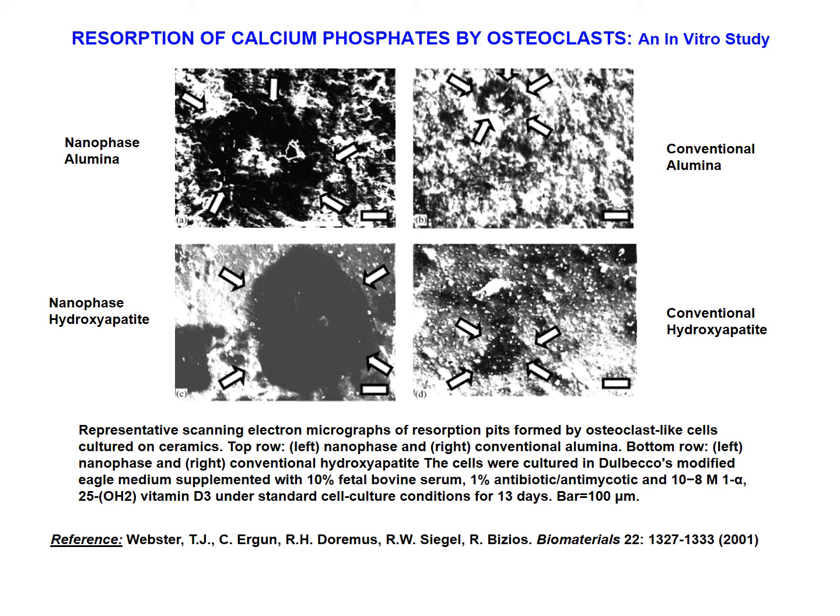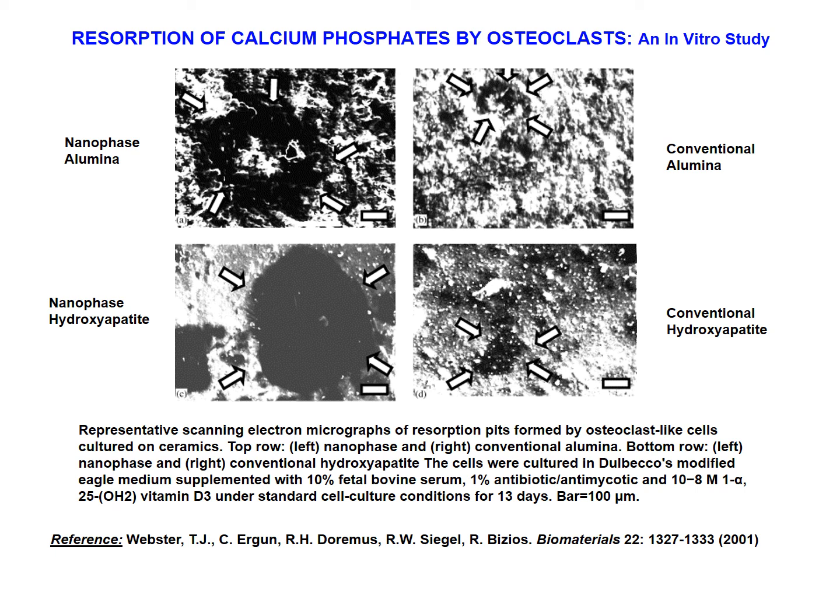We have two types of substrates here. On the top row, we have alumina. On the left scanning electron micrograph, you see the results of the removal, the resorption of the nanophase alumina from a substrate by activated osteoclast, as evidenced by the big dark area.